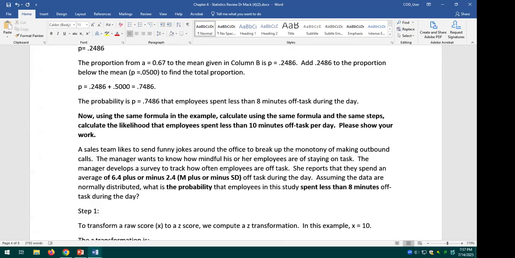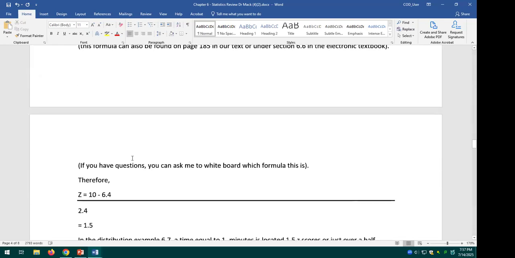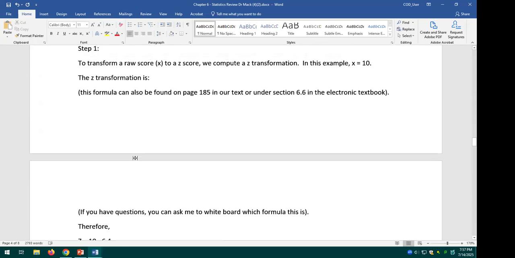No, because you're not plugging the 10 back in. We're doing this right here, because we said x is equal to 10.